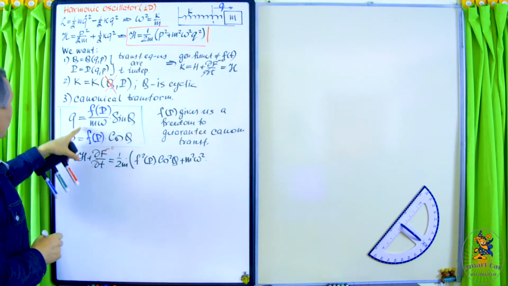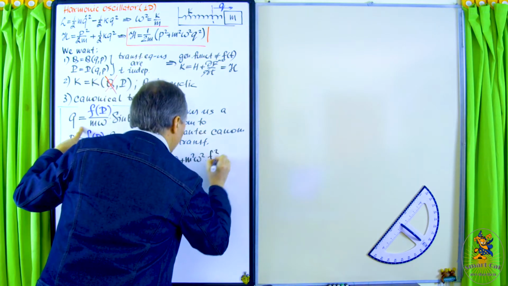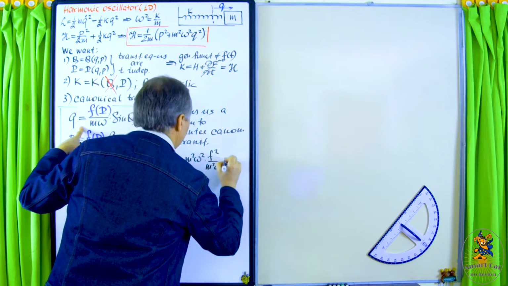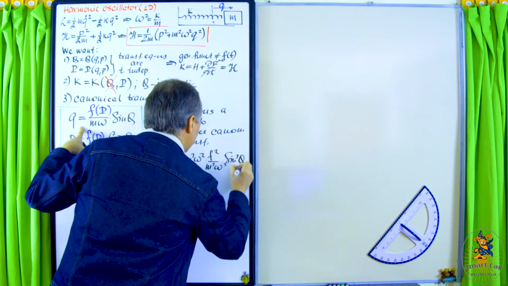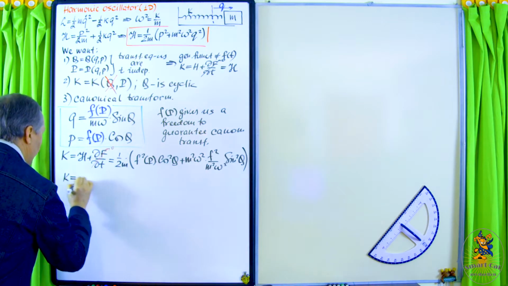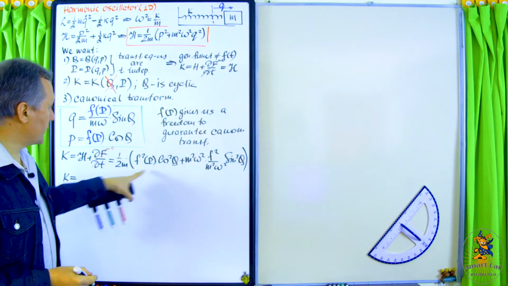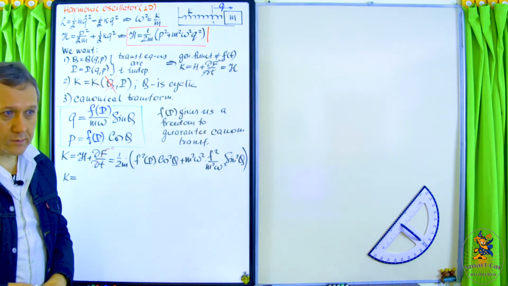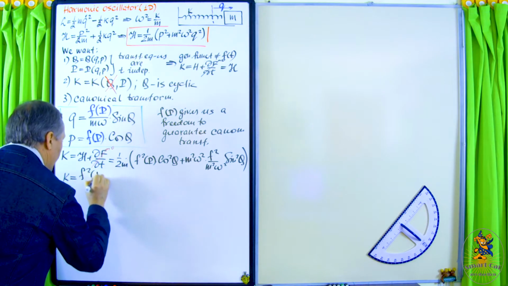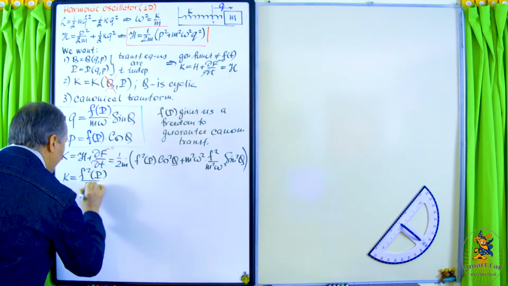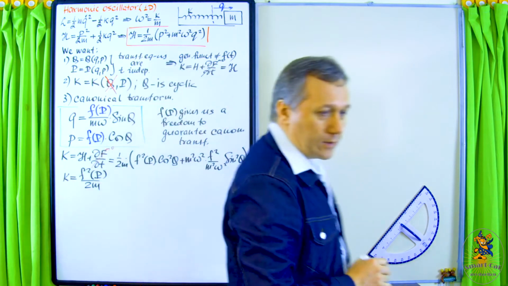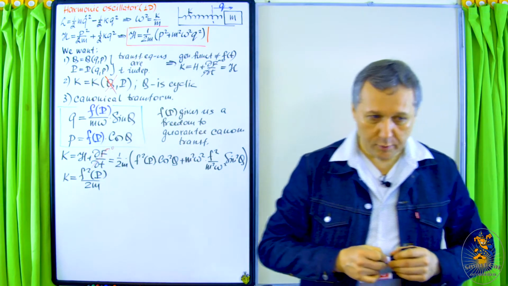And instead of q squared, of course, it will be this f squared over m squared omega squared and sine squared, right? Of course, as a result, the Hamiltonian will be equal to f squared, which is the function of P, divided by 2m. So that will be the form of the new Hamiltonian.